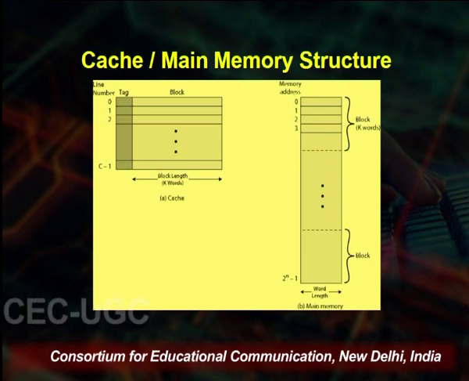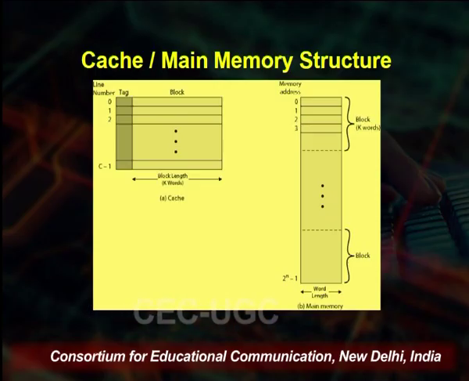This tag is used for the cache memory because it identifies which block from the main memory has been brought into which part of the cache memory. To identify that, the tag bits are used, and I am going to discuss a little further ahead the breakup of the number of bits and how they are saved.